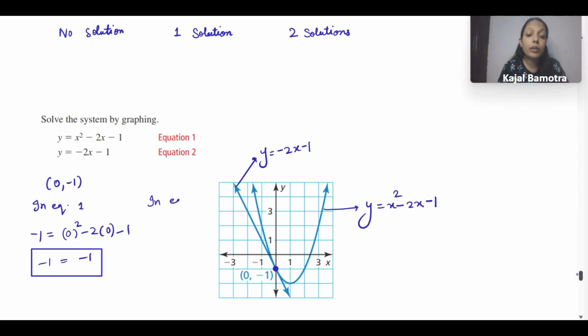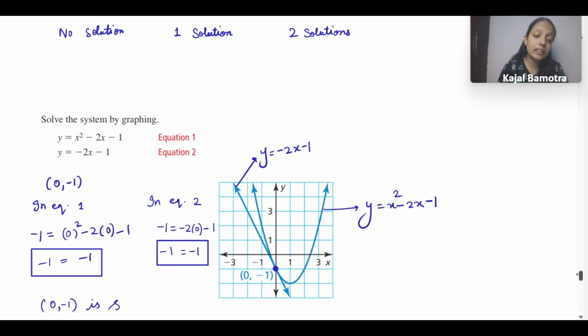Now in equation 2, negative 1 equals negative 2 times 0 minus 1, so negative 1 equals negative 1. It satisfies the second equation as well. So this point is a common solution for both equations. So you will say (0, -1) is the solution of the system of equations.